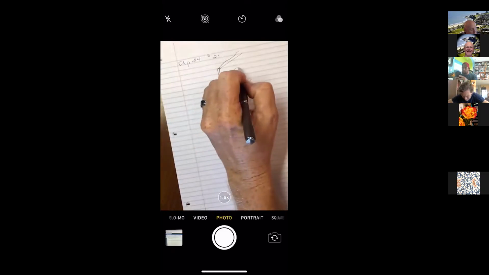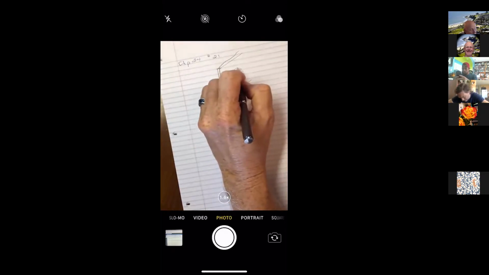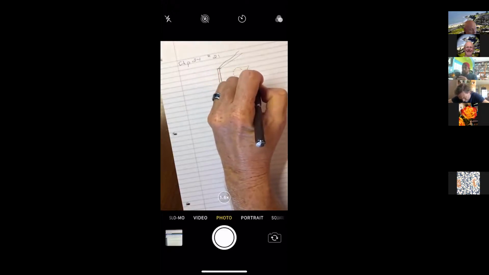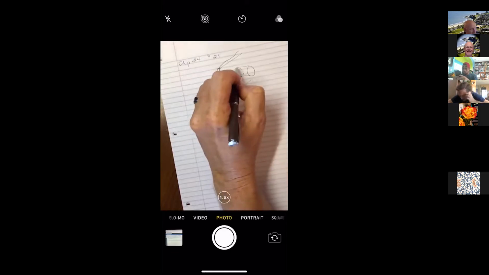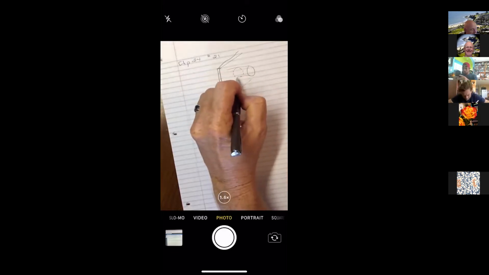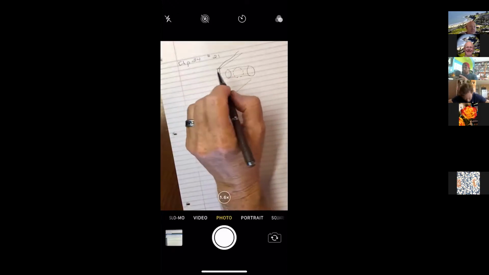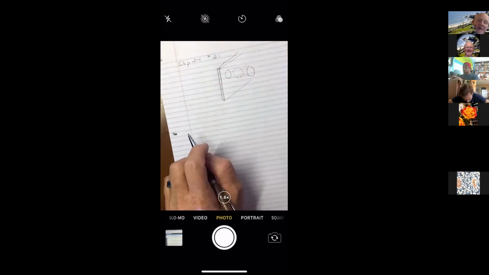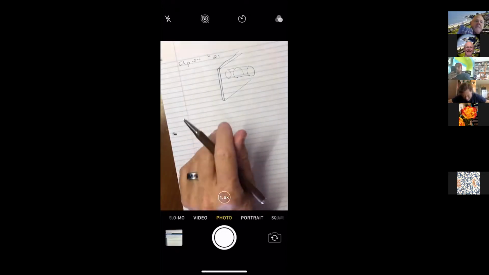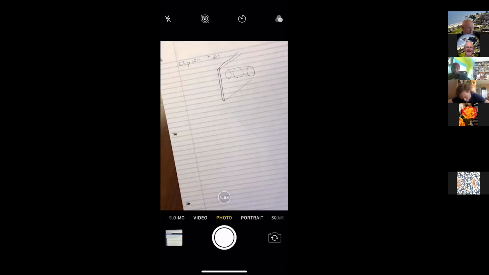Because you can imagine a Gaussian surface that looks like a cylinder on its side. Let me grab my sticky notes.